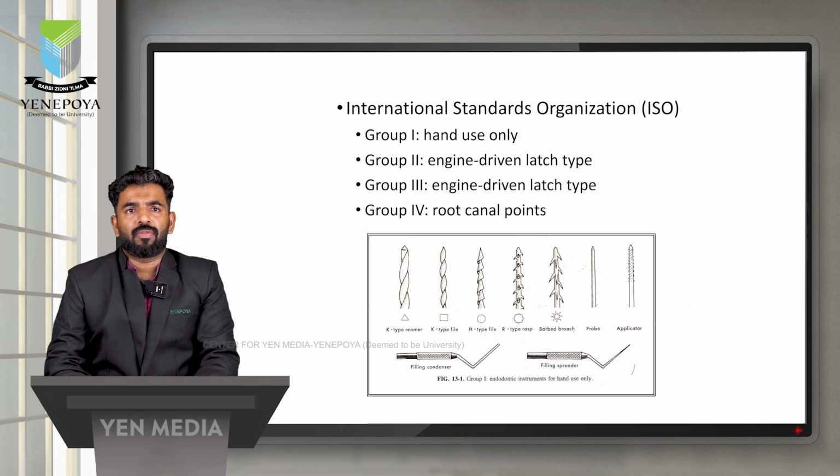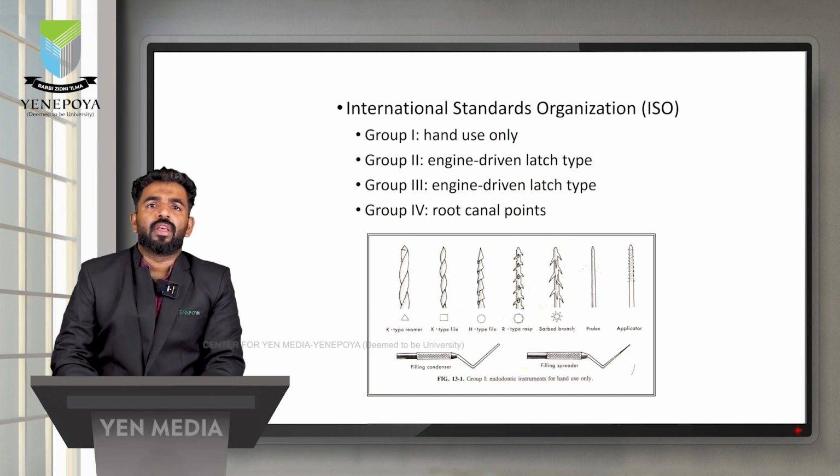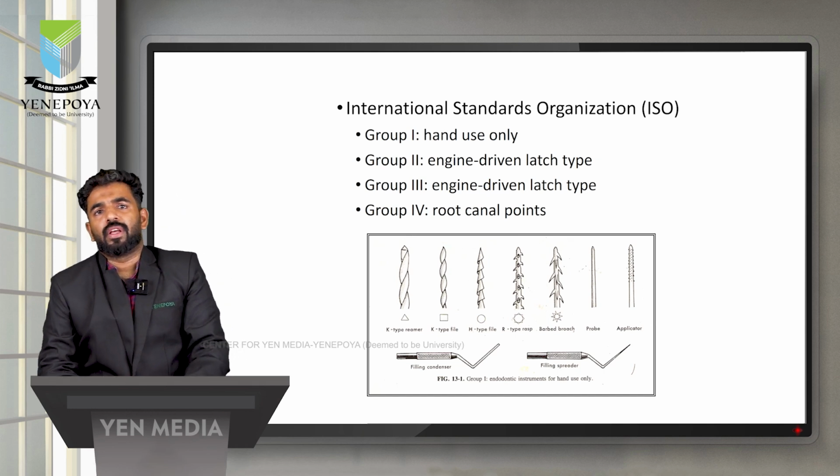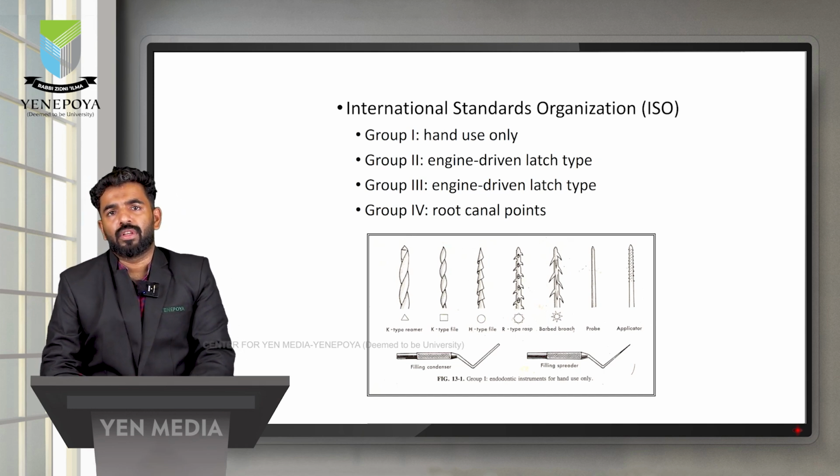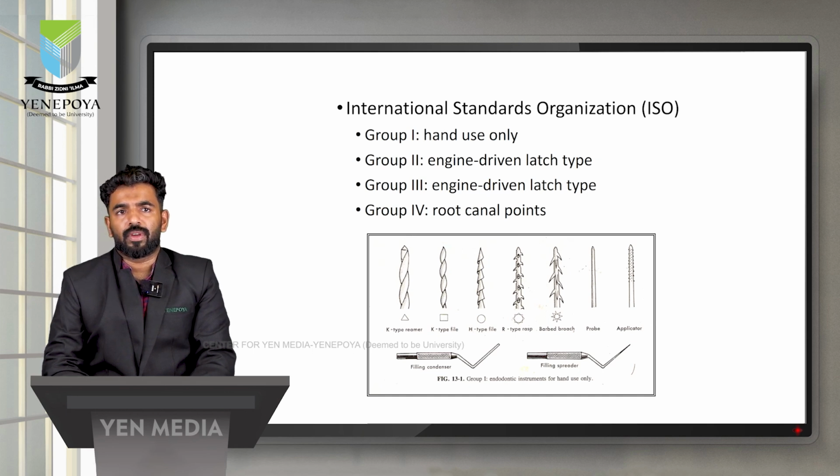This is the K type file cross section, K type reamer, K type file, this is H file, R type rasp and barbed broach, probe, applicator.